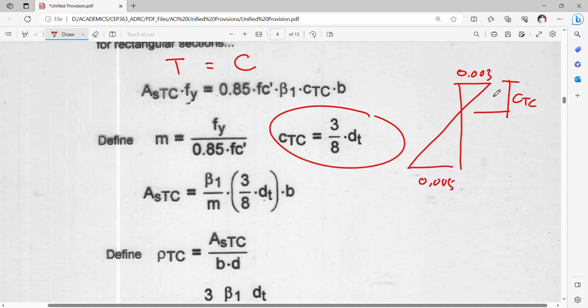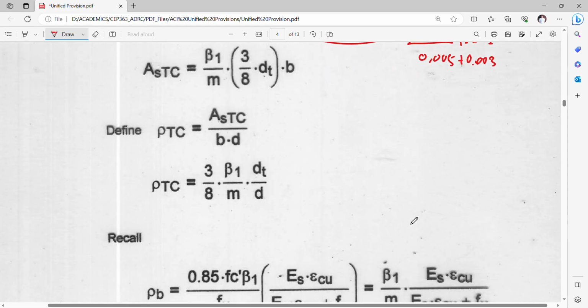So the ratio of this triangle is simply 3/8. Okay, so this is the ratio. 3/8 of the depth from here to here is your dt. Again, dt is the extreme tensile steel, not the effective depth. But if we can come up with an exact computation, if the problem is already there, or we can approximate it if the given values are still unknown.